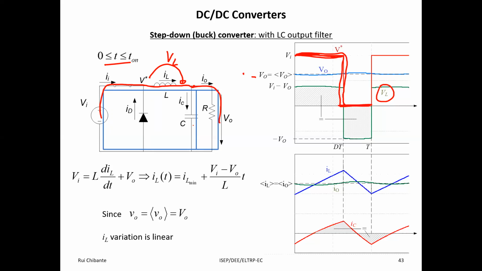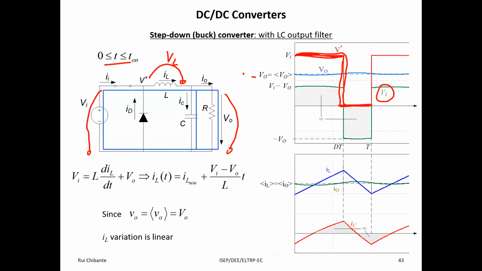Part goes to the output, part goes through the capacitor, and then both come here, and the loop closes to the source again. But if we look at this outer loop, we can easily relate inductor voltage with input voltage and output voltage.